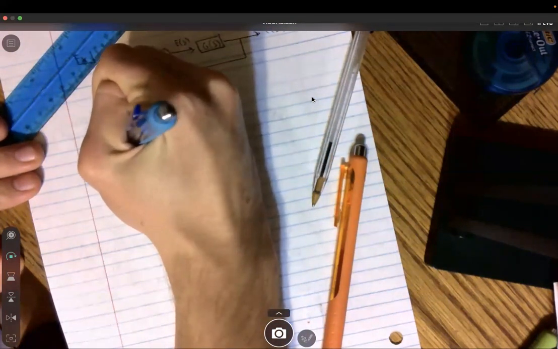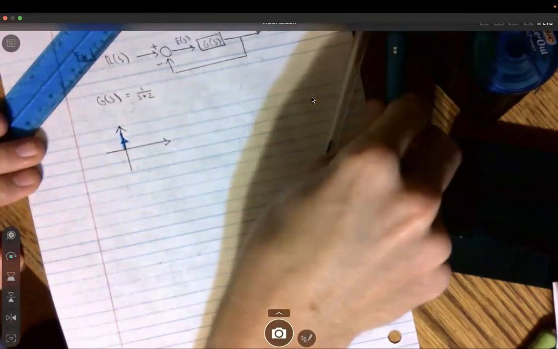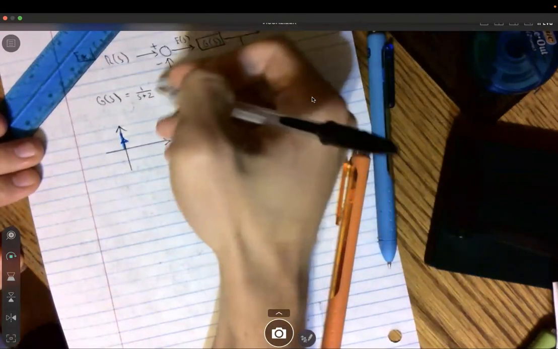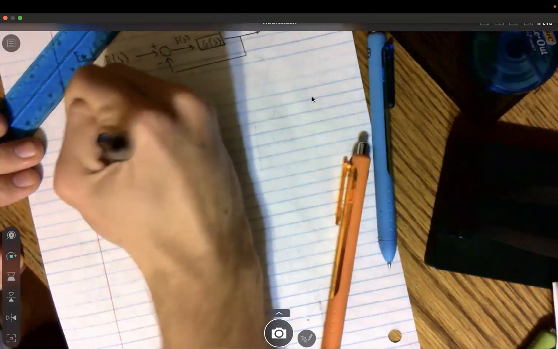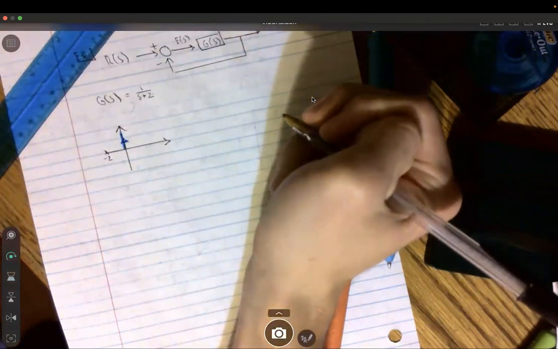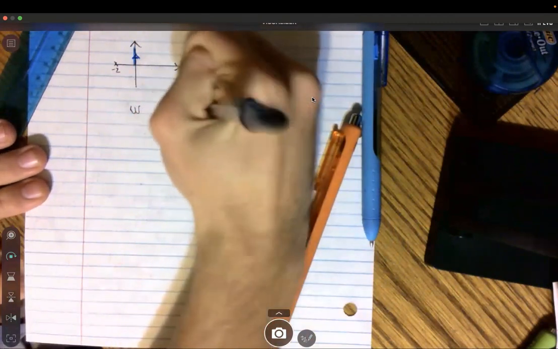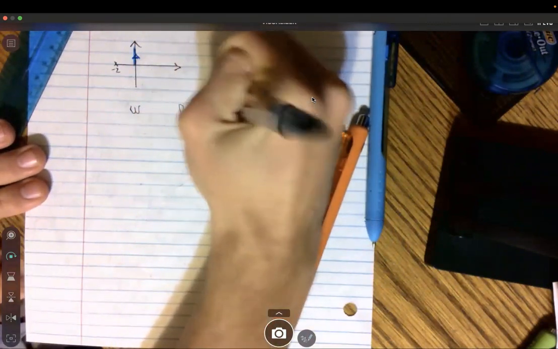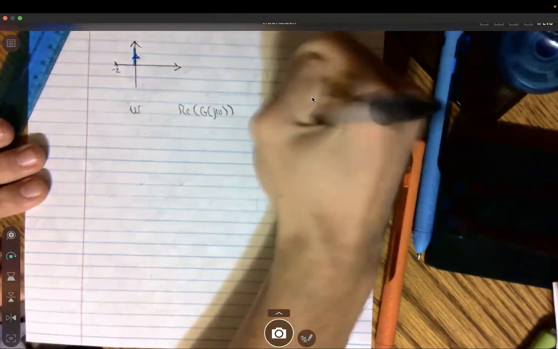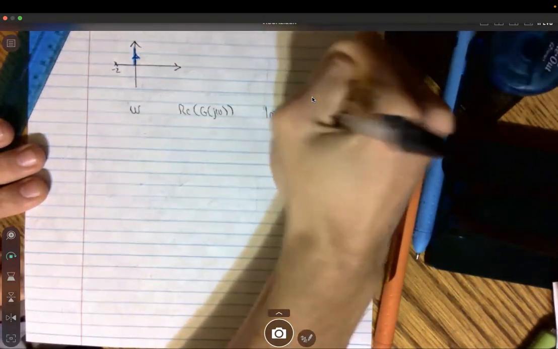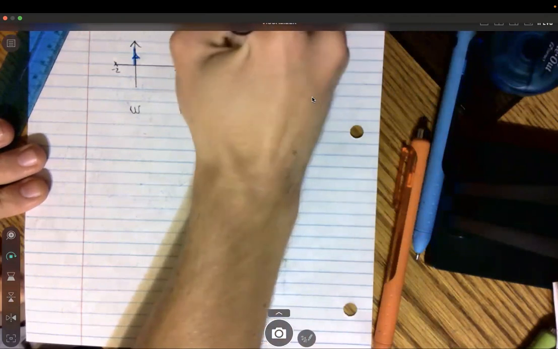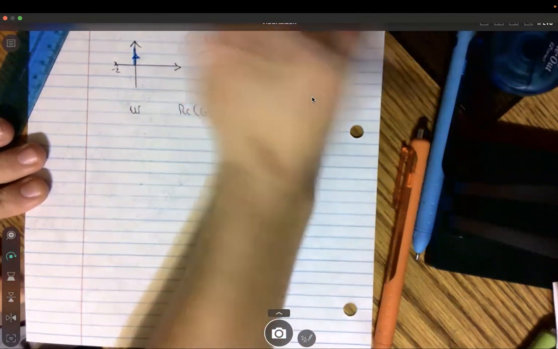So let's start from the first segment. From our G of S, we know we have a pole at -2. When I'm looking at this, I'm going to make a chart with my omega, the real part of G of J omega, and then the imaginary part of G of J omega. This is going to help me sketch the Nyquist plot. So my omega starts out at 0.